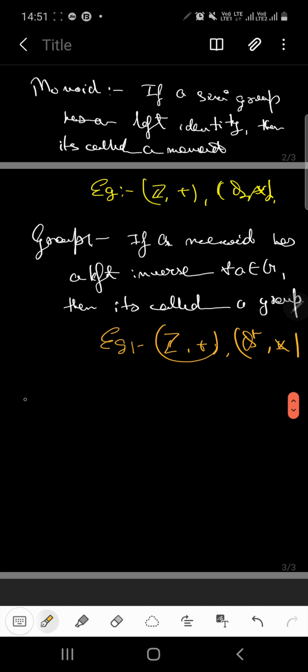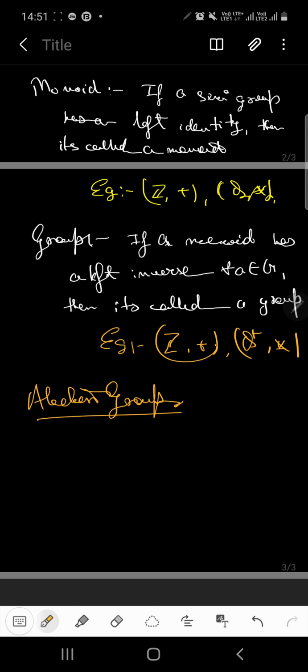Next, we have something called an abelian group and non-abelian group. Let us first define it, and it will itself lead to the definition of a non-abelian group. So what is an abelian group?